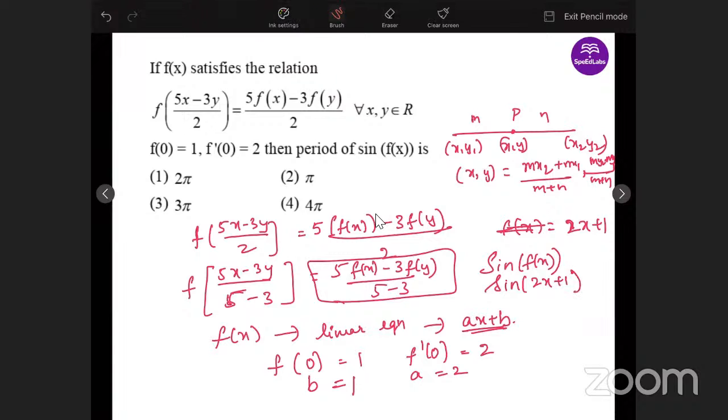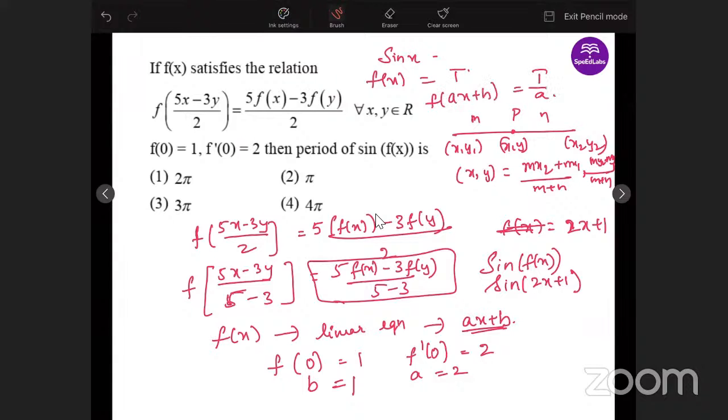So I hope from here you can find the period. Sin x का period क्या है? सर sin x का होता है 2 pi. तो इधर कैसा है? Suppose if f of x का period है t, तो f of ax plus b का क्या होगा period?